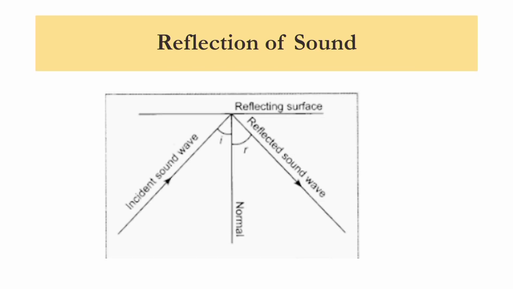When the sound is incident on a wall or a surface, it is reflected, and when we draw the normal at the point of incidence, the angle of incidence and the angle of reflection give the same value, and the incident sound wave, the normal as well as the reflected sound wave, the three lie on the same plane.